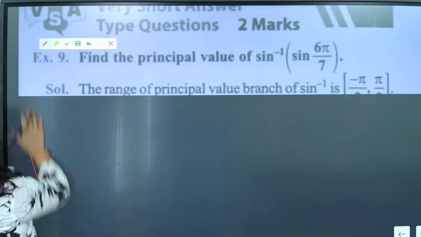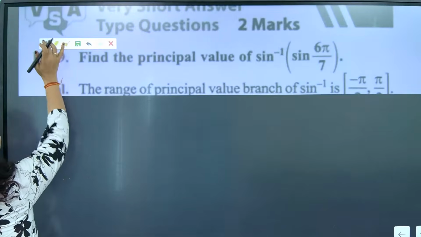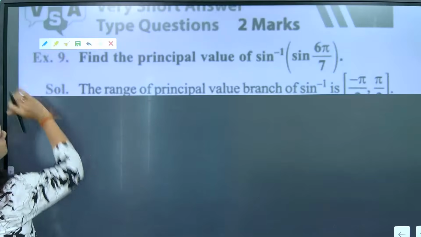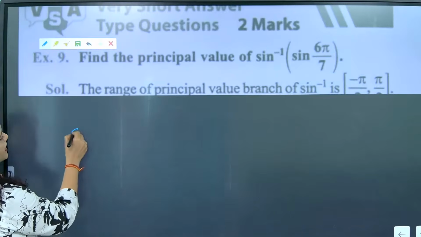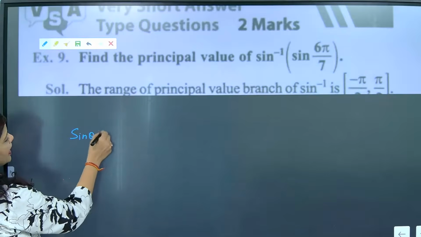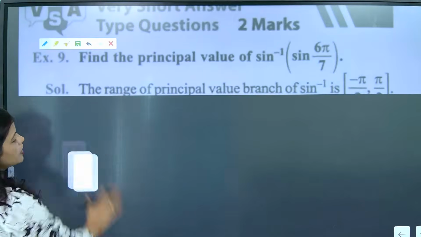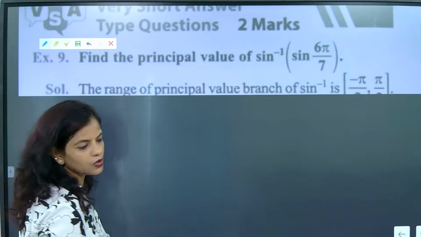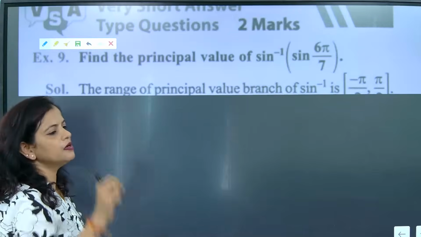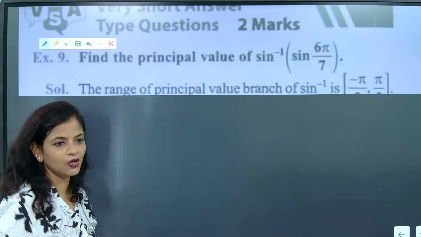Now look here, I'm just writing this part. Sin θ will be lying between what? θ lies between -π/2 and +π/2, closed interval.